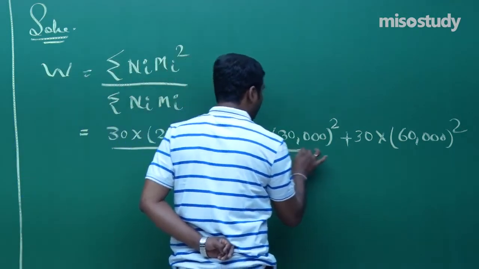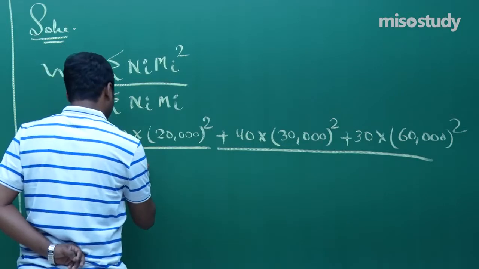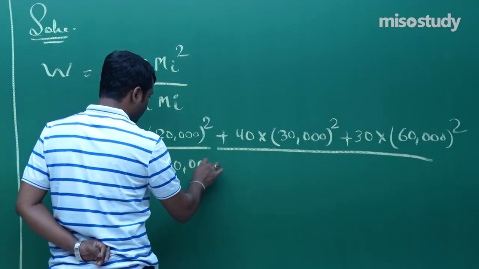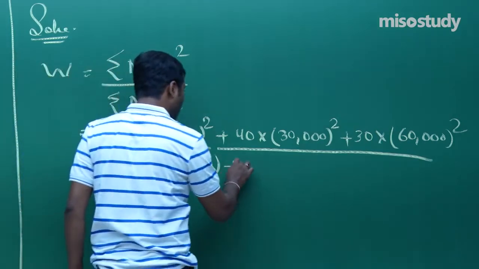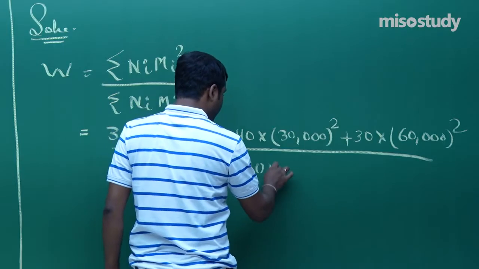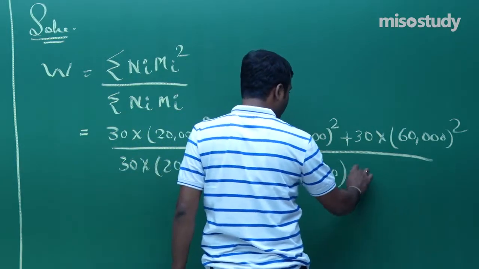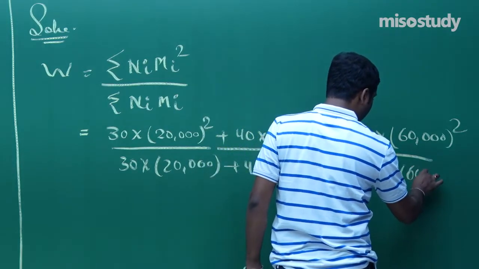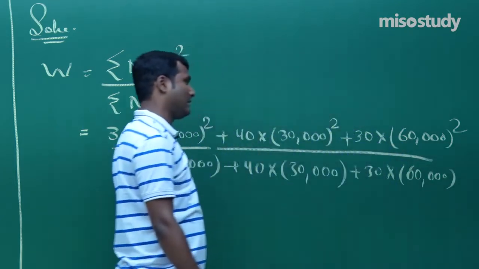Now upon, 30 into 20,000 plus 40 into 30,000 plus 30 into 60,000.